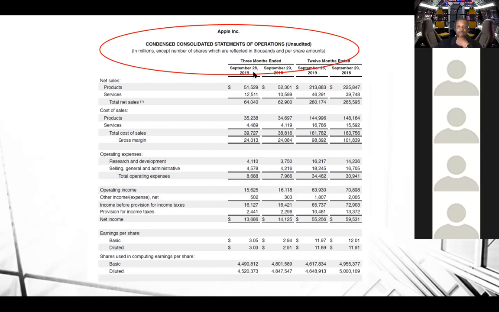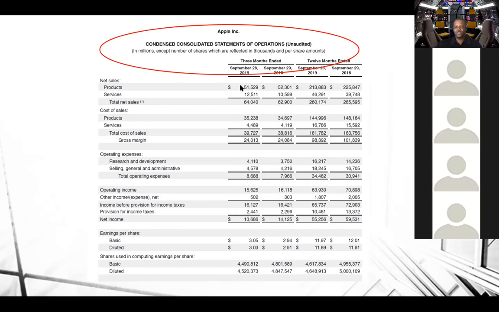And they're also showing the three months, somewhere in July to September 28th of 2019. And the other thing, all financial statements do this, they show information on a comparative basis, showing you a comparison here. Same thing for the 12 months here, a comparison here.